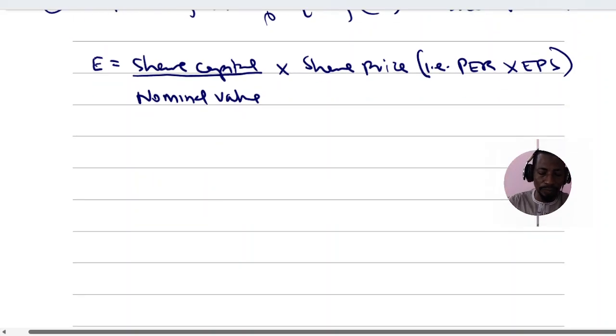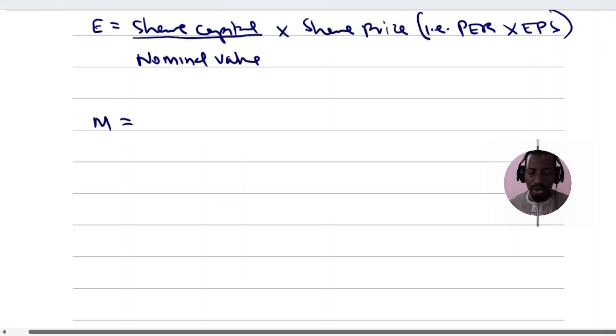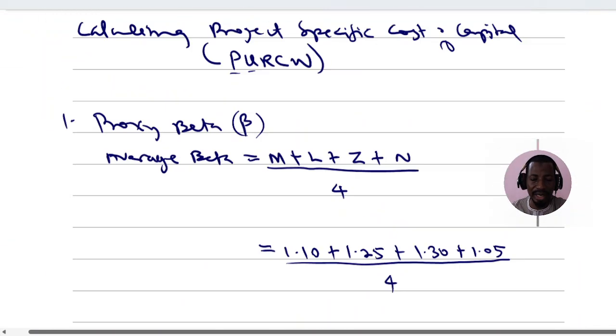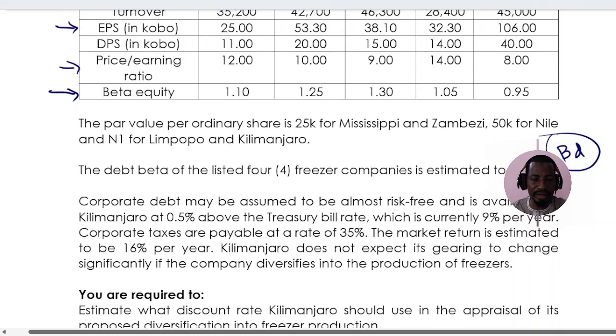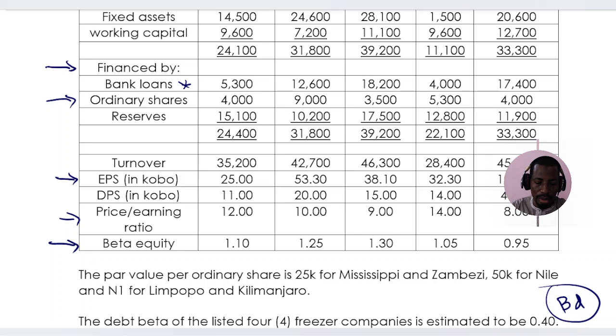So we are going to do this for all the proxy companies, starting with Mississippi, market value of equity of Mississippi. So I will go to the question: what is the share capital of Mississippi? The share capital of Mississippi is 4,000. The nominal price, the par value: we are told that the par value per ordinary share is 25 kobo for Mississippi and Zambezi.